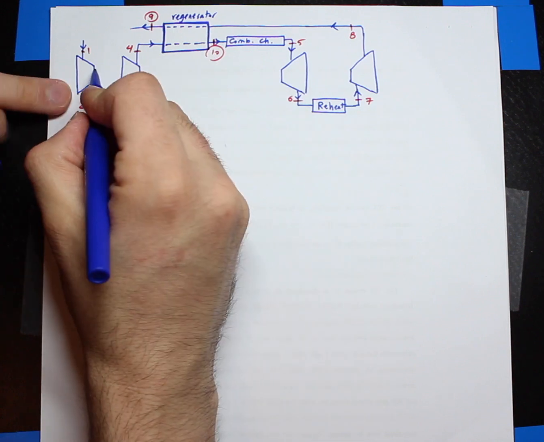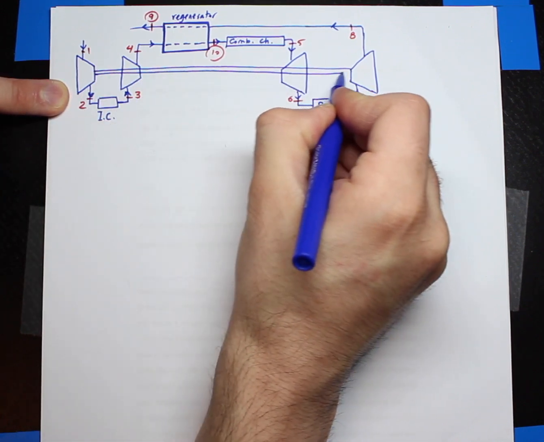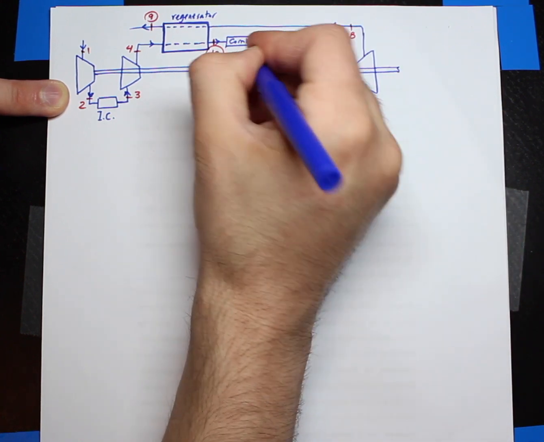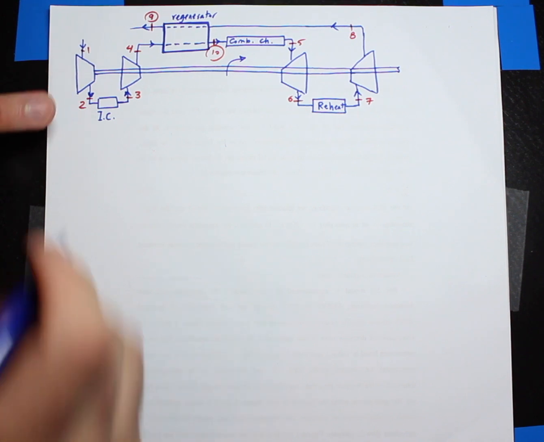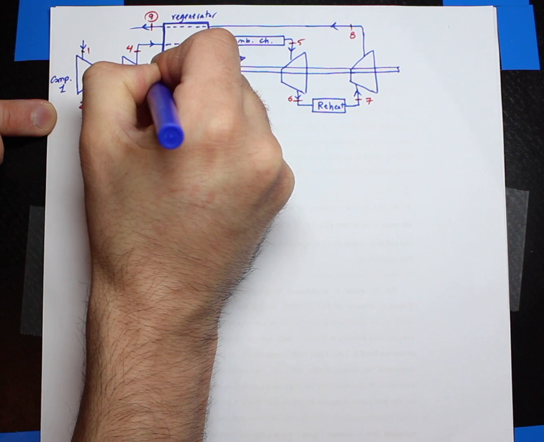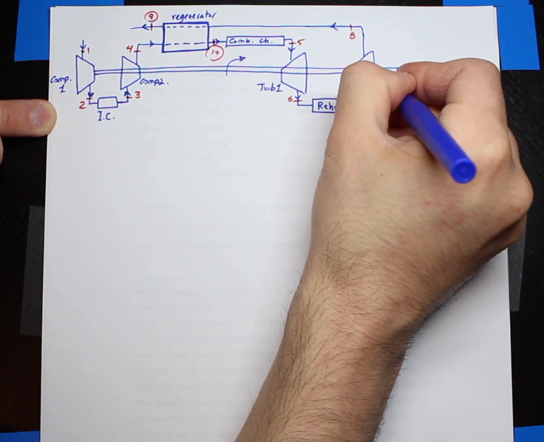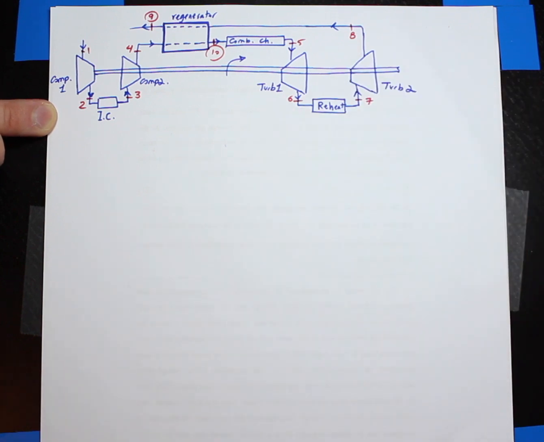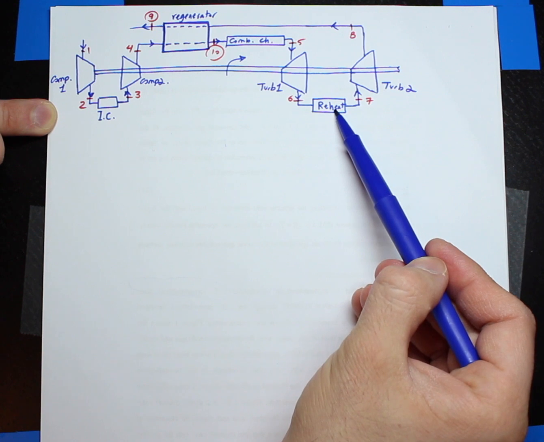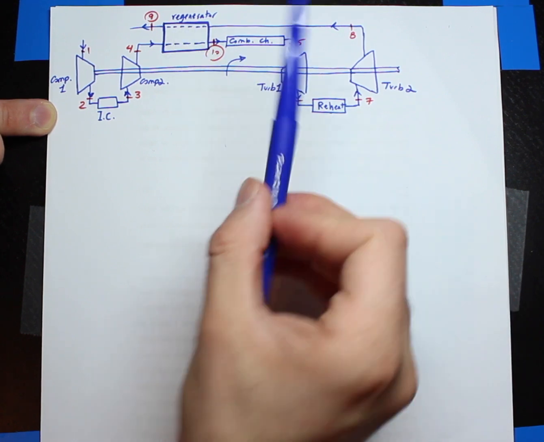and there is a shaft that connects all these 4 equipment to each other. You can assume the shaft is continuing and there is a rotation here. Okay, compressor 1, compressor 2, turbine 1, turbine 2. And obviously the reheat is still causing the heat addition. So there is heat addition here, there is heat addition here, there is a heat transfer here.